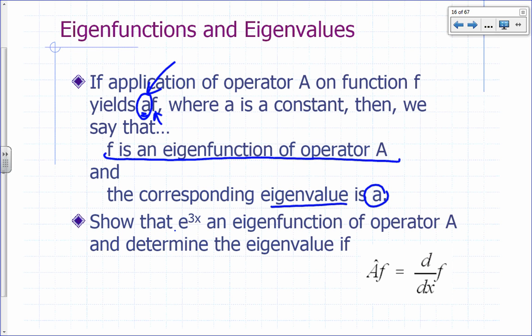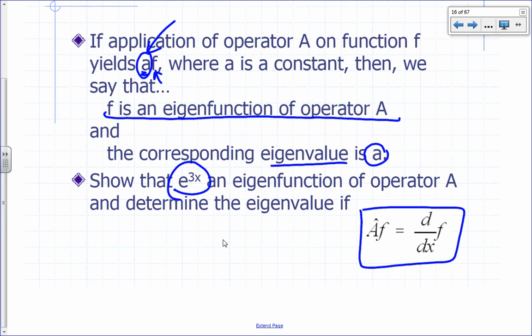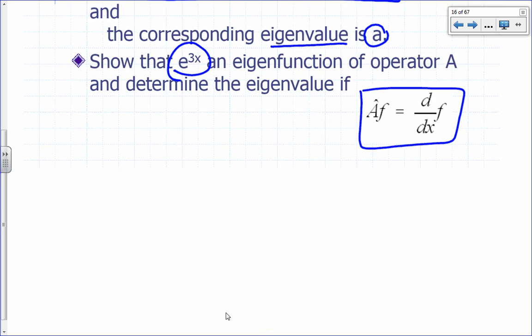So let's show, for example, that e to the 3x is an eigenfunction of A, and determine the eigenvalue if we define operator A this way. So operator A simply takes the derivative of the function you're applying it on, okay? So let's see. If this is our definition, A hat operating on e to the 3x would be equal to what?